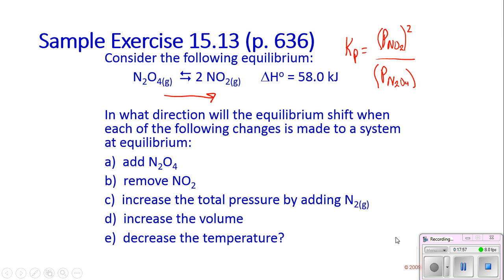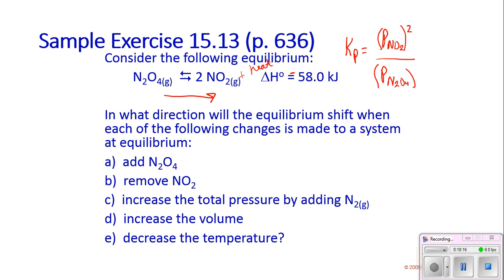So that means the equilibrium would shift towards the products, because heat is now a part of your products. So we could write heat over here. That would mean we have a negative delta H.